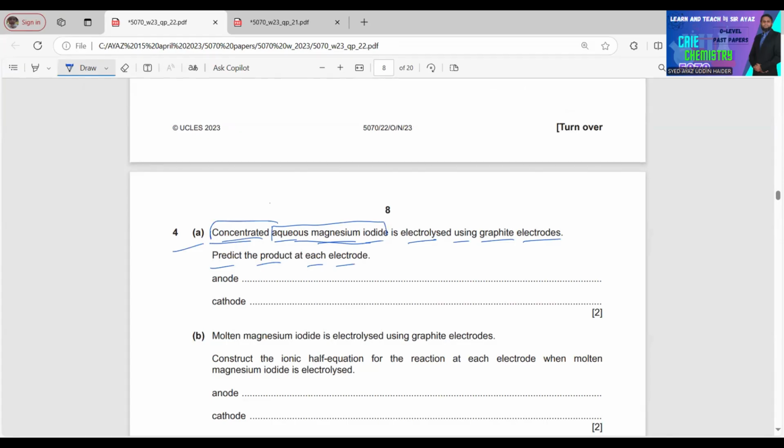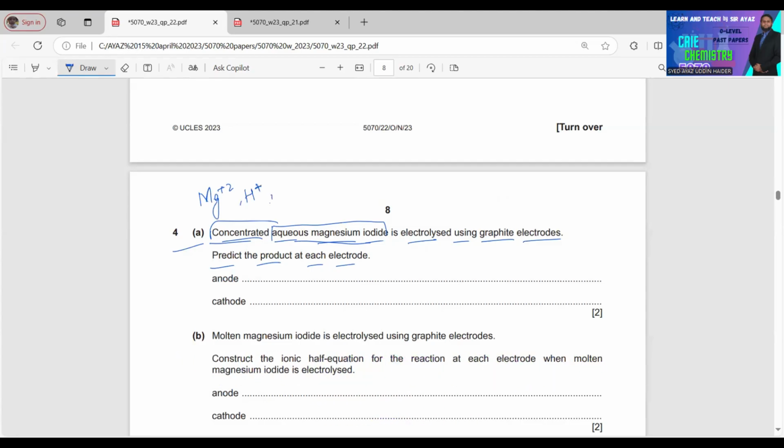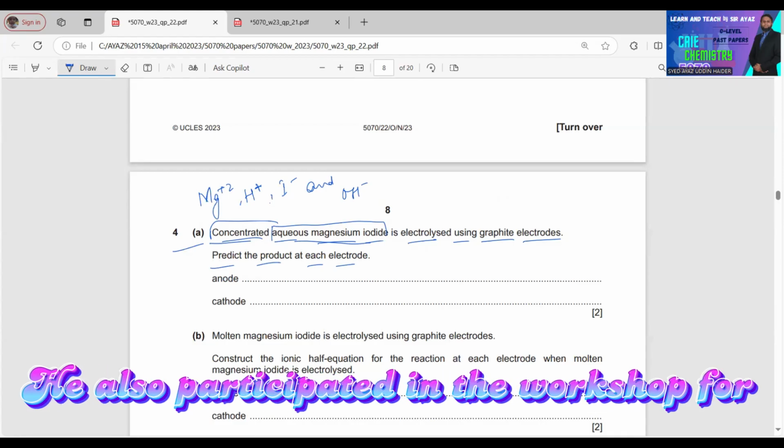So aqueous magnesium iodide must have these ions in the solution: Mg+2, H+, I-, and OH-. So at the anode, there must be a competition between I- and OH- ions. Due to the higher concentration of I-, we will get iodine at the anode.